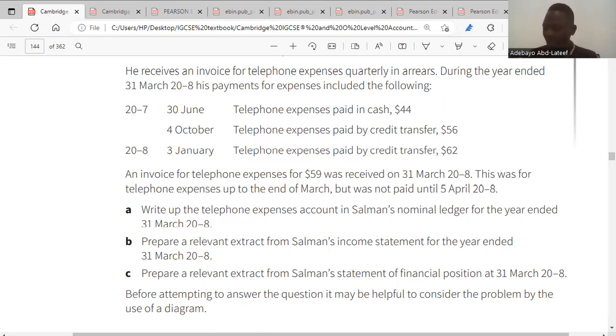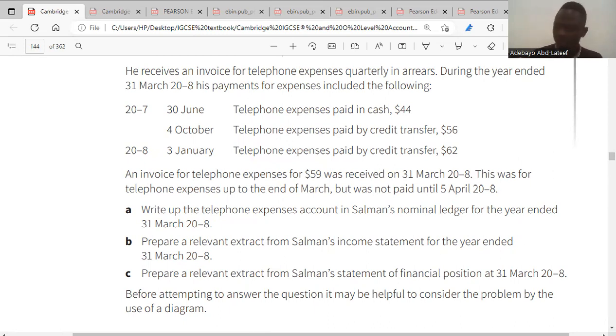Then we transfer it. So our income statement is going to be $44, $56, $62, and $59. $59 will be our balance carried down. So the total is $221, and our balance brought down will be $59, which is going to go for the 1st of April.